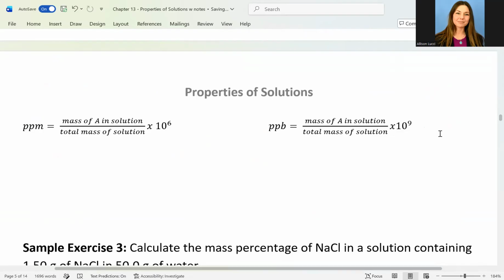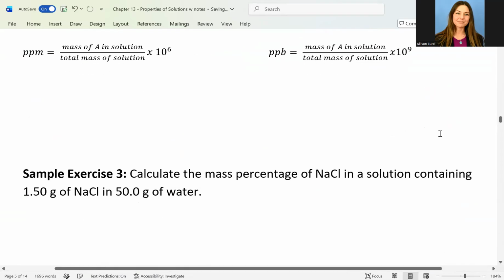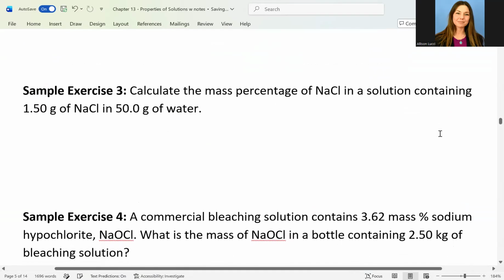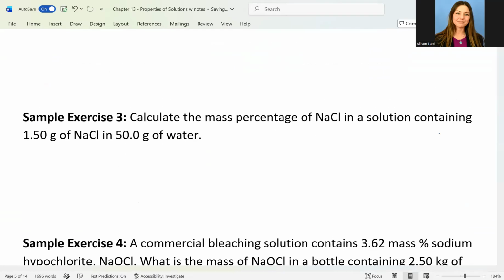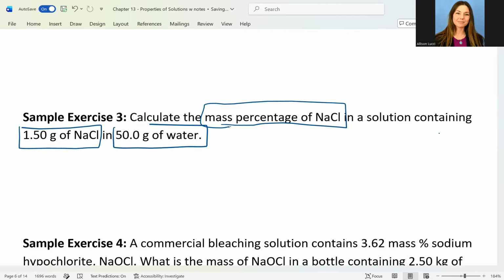So let's take a look at sample exercise 3 here and see if we can calculate the percent of sodium chloride. So this is what we're looking for, the mass percent of NaCl in a solution which has 1.50 grams of sodium chloride in 50 grams of water. So when we set this up, we want to make sure that our total mass of solution is going to be a combination of both of these values.